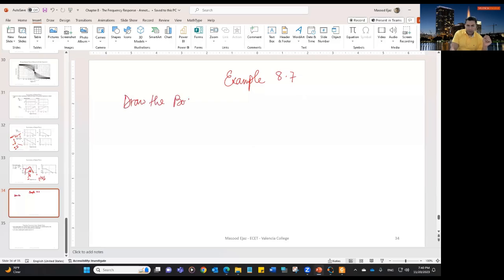Now the Bode plot of T(s) is 2000 (s plus 10) over (s plus 100), and let's introduce a second order pole.